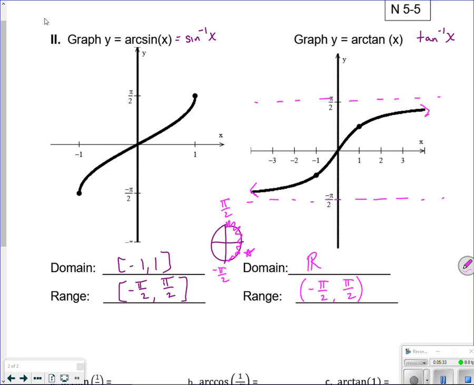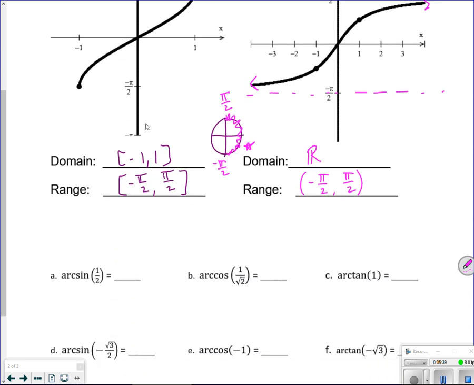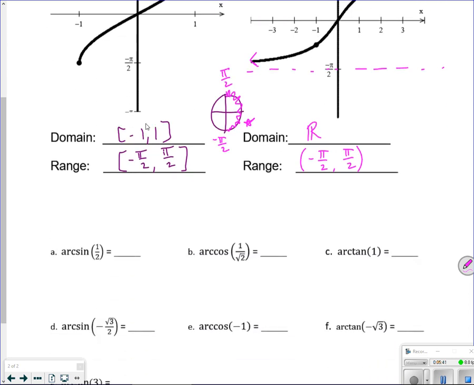So let's talk about it. Okay, I get these graphs, but I don't know why they help me. Well, we're going to be evaluating these things. Y'all, it's like your unit circle backwards. In the unit circle, I said, hey, what's the sine of pi over 3? And you were like, oh, square root of 3 over 2.